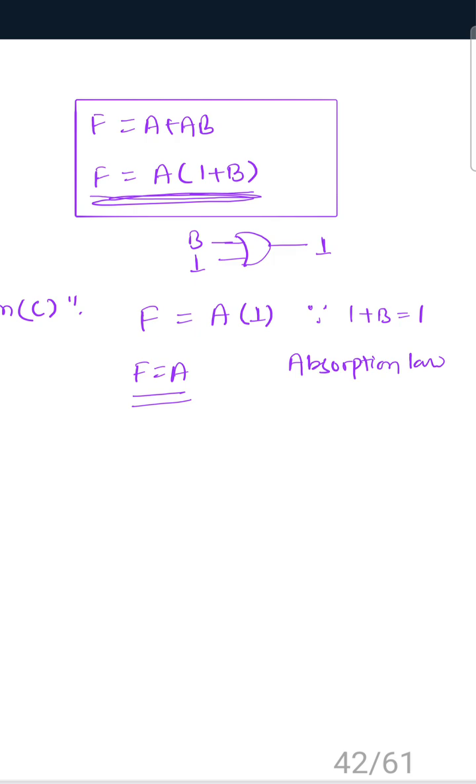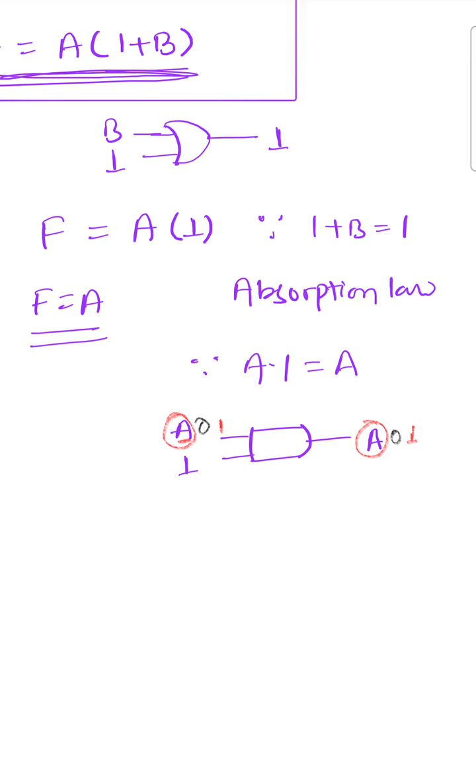We can clearly see that the number of gates is reduced from 2 gates to 0 gates. Here we can see only one gate, but another Boolean law says that a AND 1 is only a. This can be explained by making a logic gate.